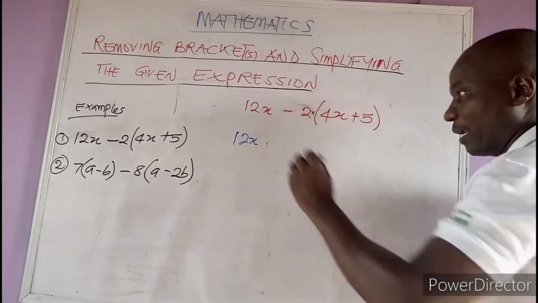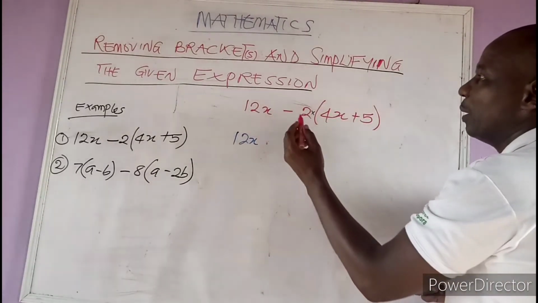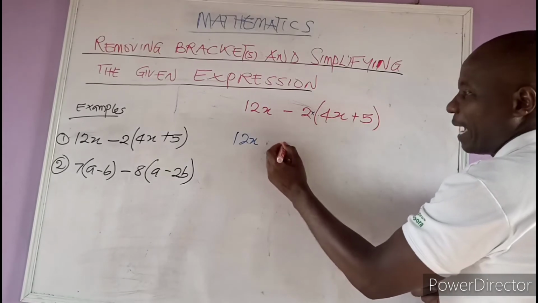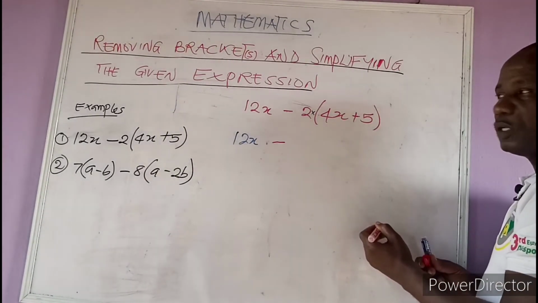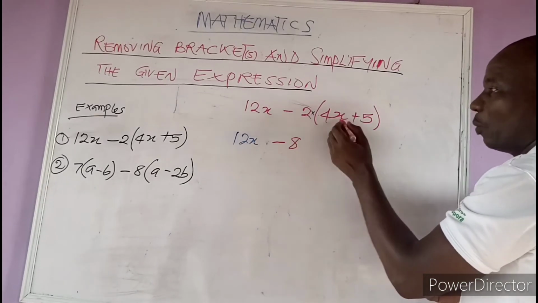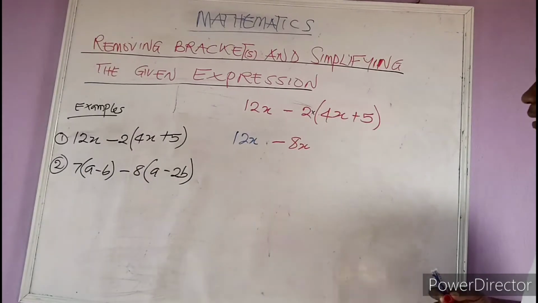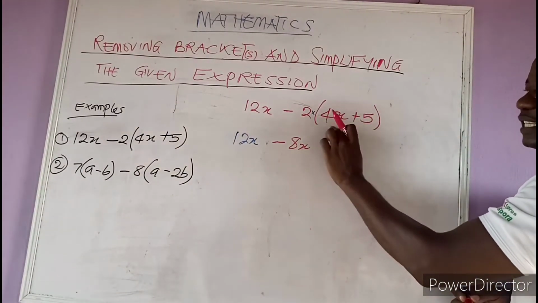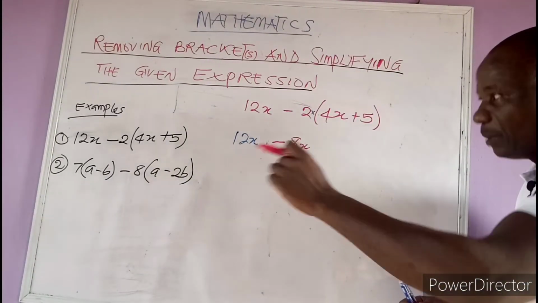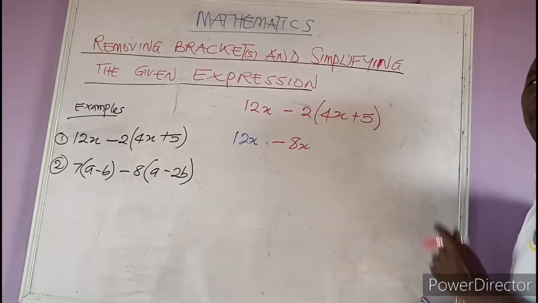Now, forget about this. Let's deal with our issue. Enemy of my friend is my enemy. 2 times 4, 8x. Again, remember, how many things do you have inside? We have 2. This is 1, this is 2. We still go back, because this number outside the compound belongs to everything inside the compound.